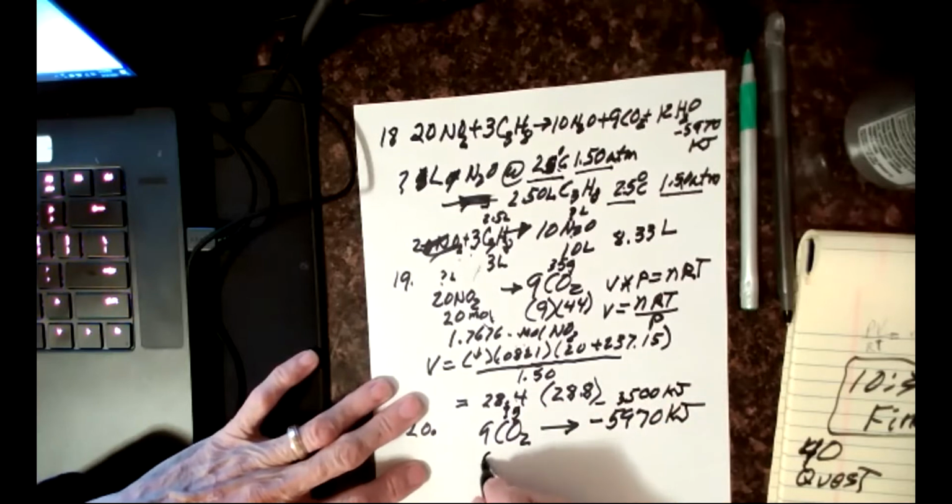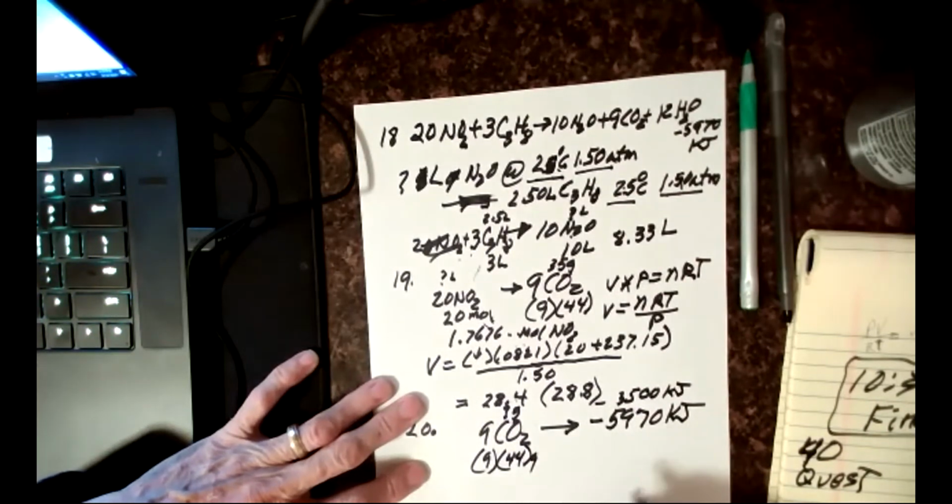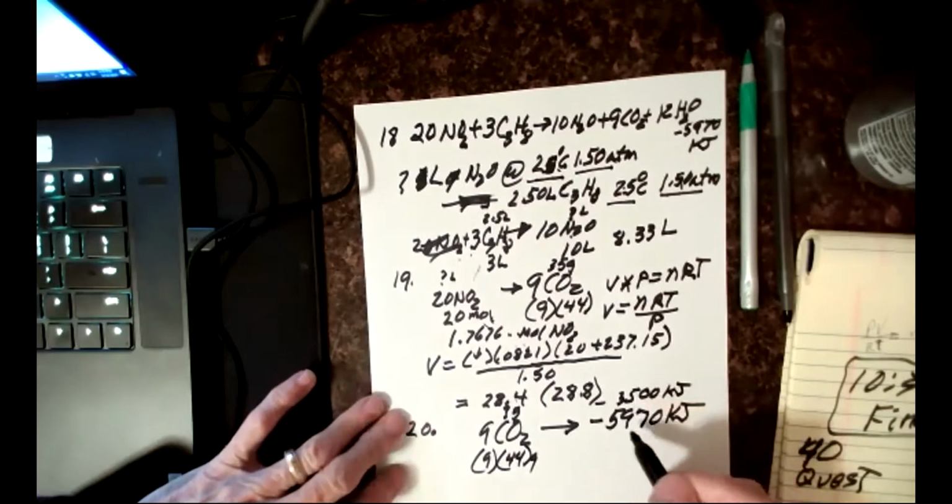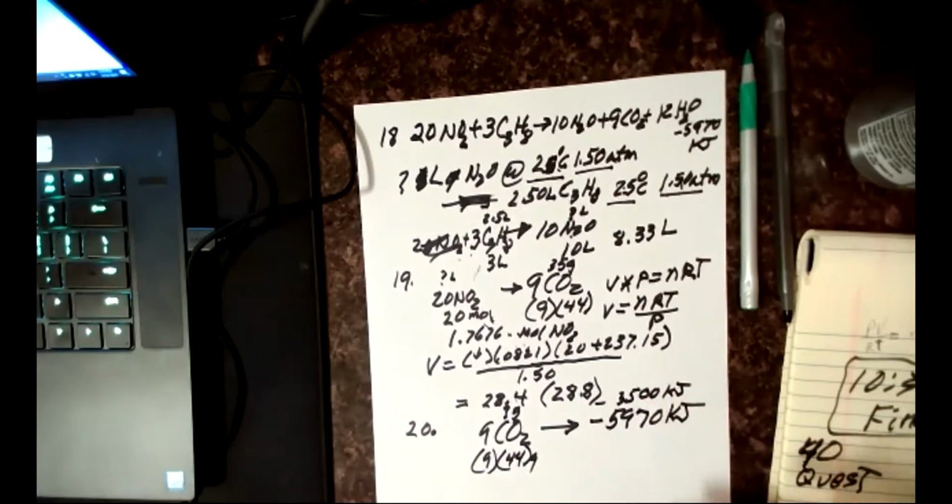Well, the equation is showing 9, molecular weight is 44 grams. So I take 3,500 and divide by 5970, that's my rebalancing factor. So 3,500 divided by 5970. Rebalancing factor is 0.586.